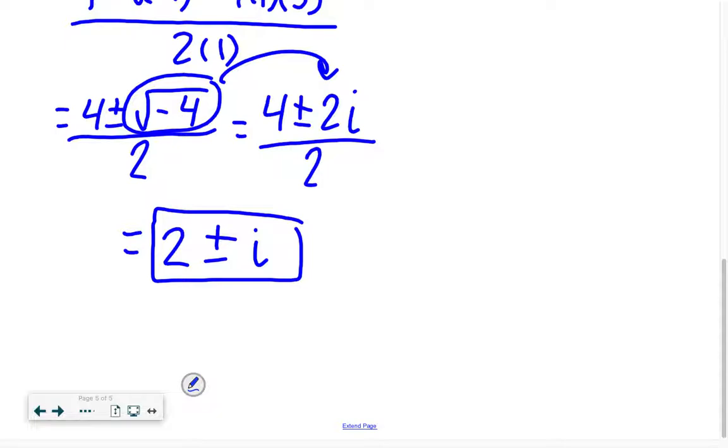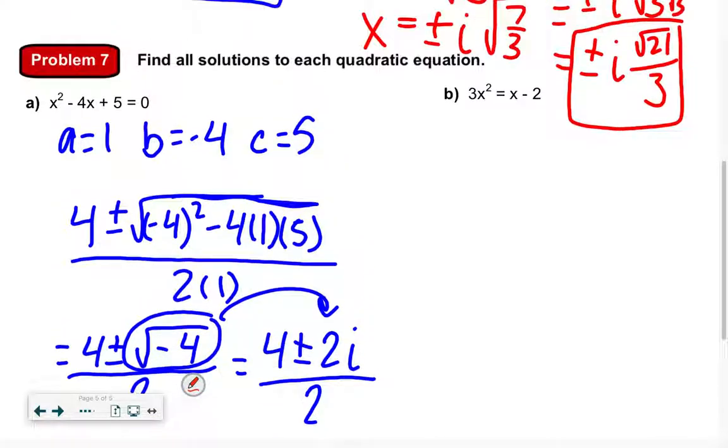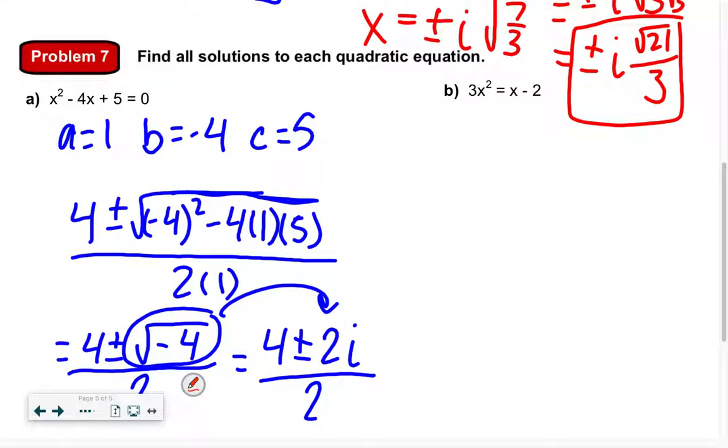Questions? Okay, last one. Ooh, not red. We'll do black. Alright. I think quadratic equations are the easiest way to solve these, but that means I've got to get everything on one side. So I'm going to have 3x squared, bring my x over, so minus x plus 2 equals 0.